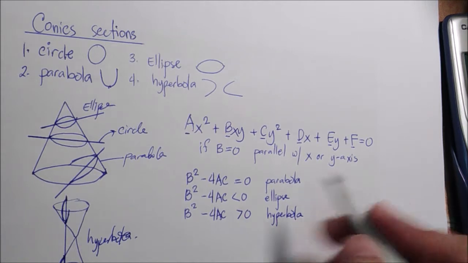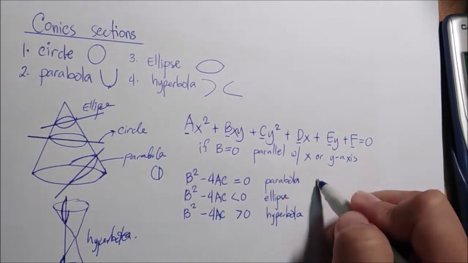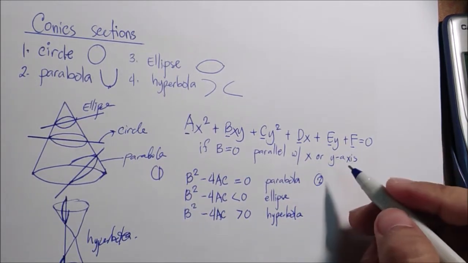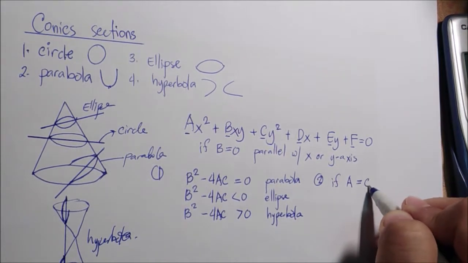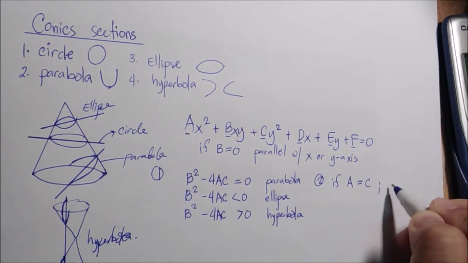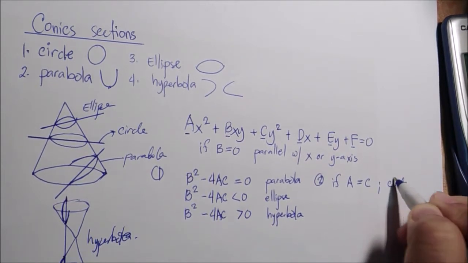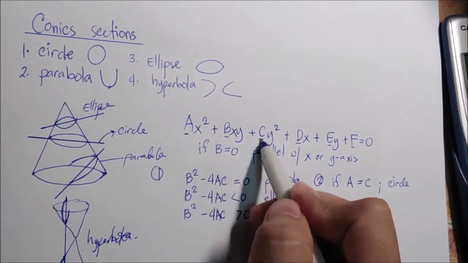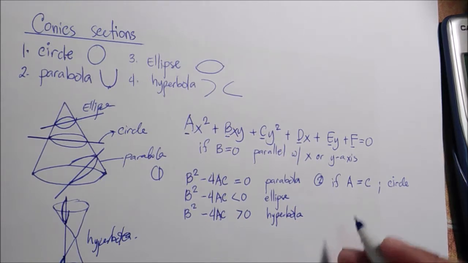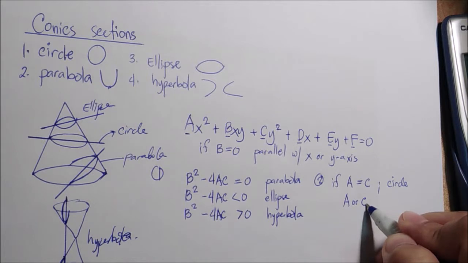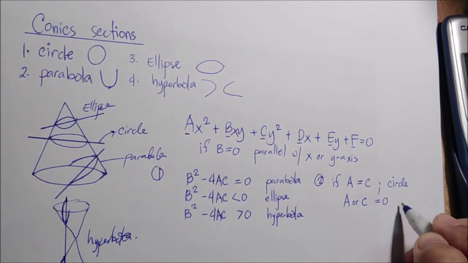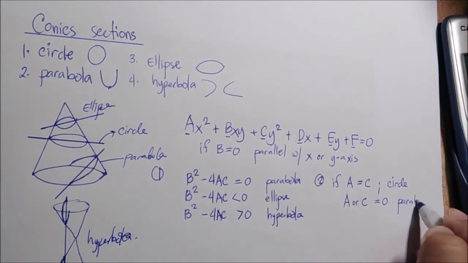So this is the first one. Another is, if a is equal to c, then this is a circle. If a or c is equal to 0, then this is a parabola.